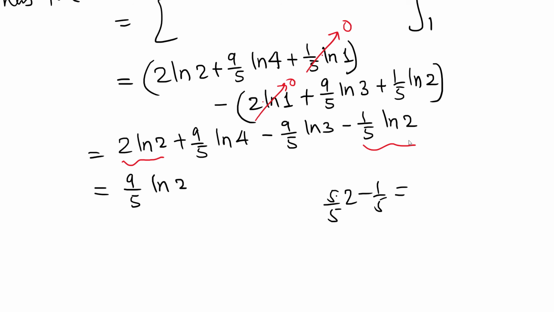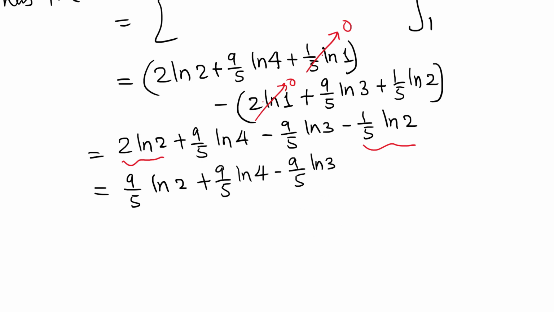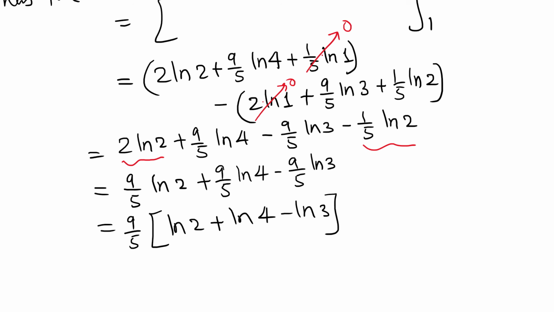So 9/5 natural log of 2, plus another 9/5 natural log of 4, minus 9/5 natural log of 3. We could leave it here, but I see 9/5 in each of these three terms. We can factor 9/5 outside: natural log of 2, plus natural log of 4, minus natural log of 3.